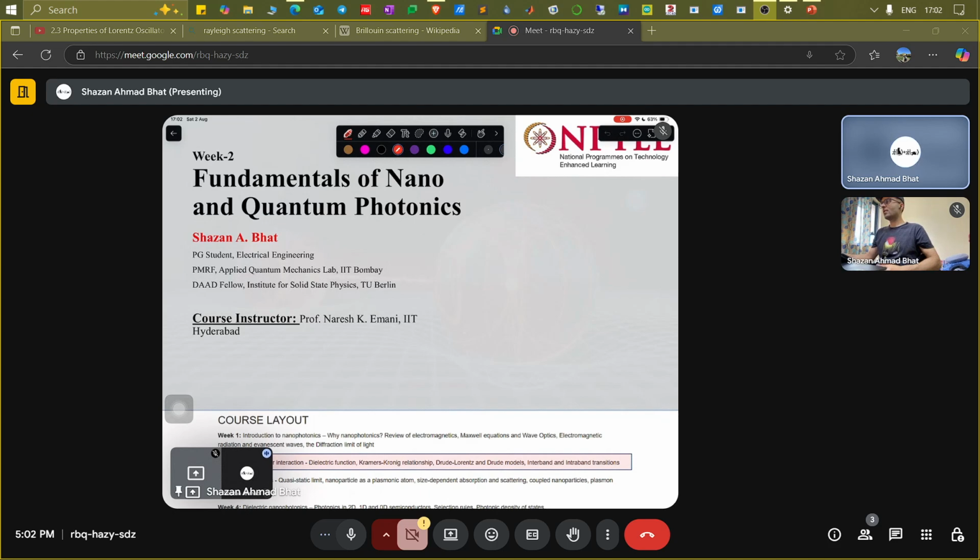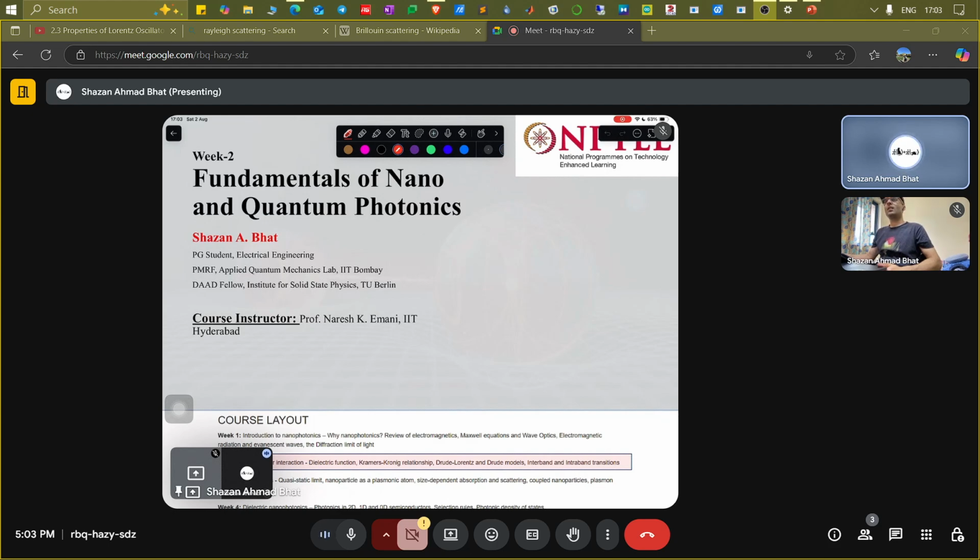Today we're going to cover some aspects of light matter interaction, which is basically how light interacts with matter. It will be a classical oscillator model, where we will try to understand how we arrive at the equations for permittivity, refractive index, and polarization.